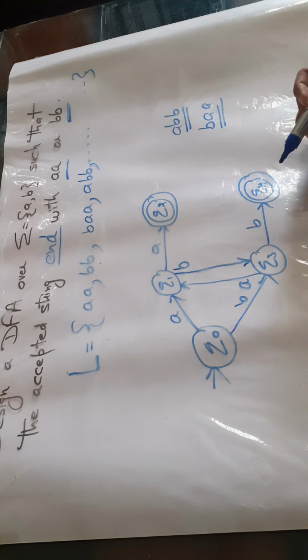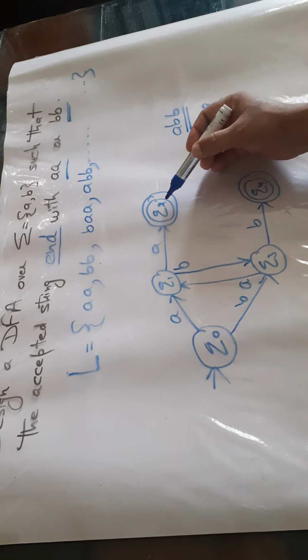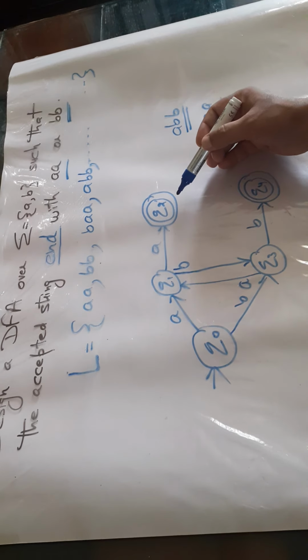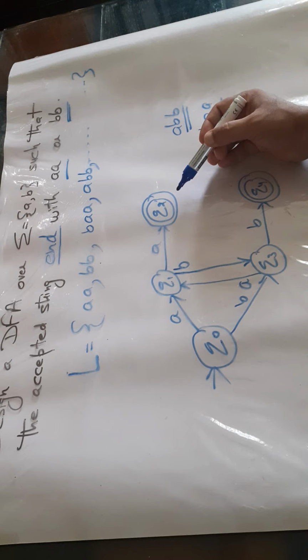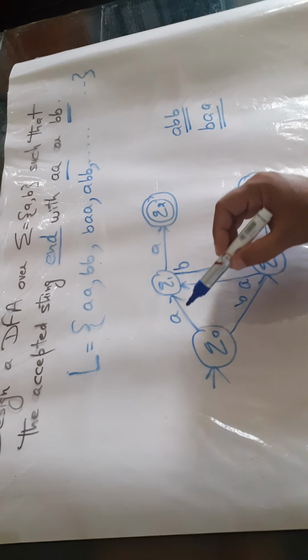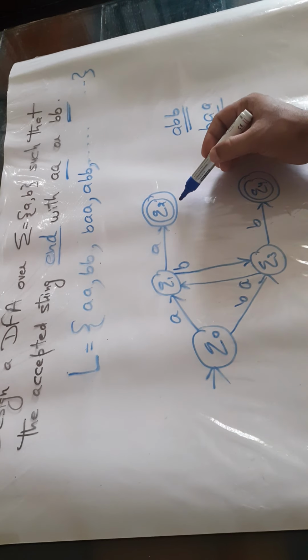Now come to these final states. Is it a final DFA? No, it's not a complete DFA yet, because the Q2 final state and Q4 final state have to respond to the input symbol A as well as B. So what happens if B comes here?